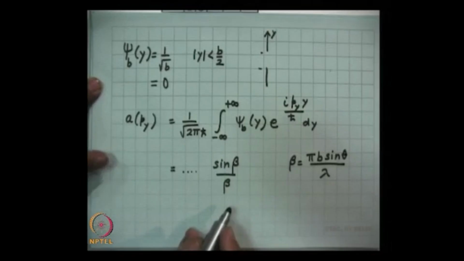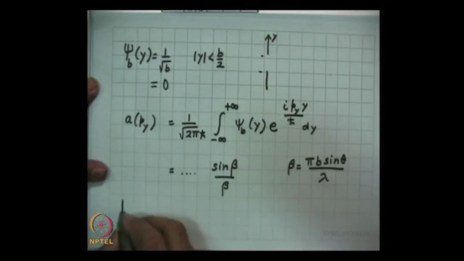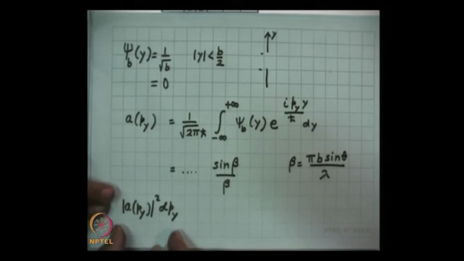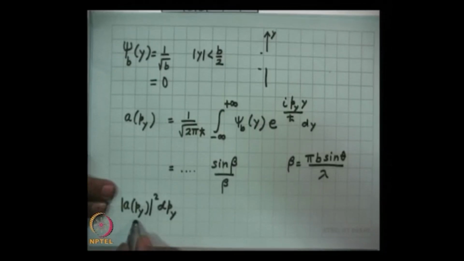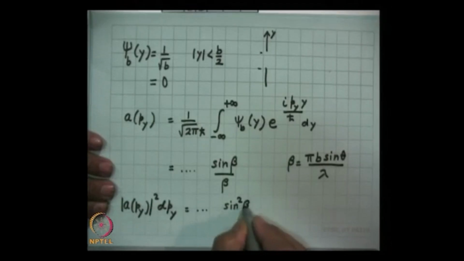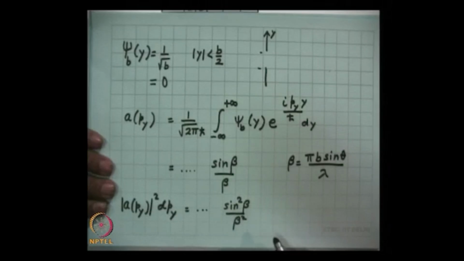And so, mod A of p y squared d p y is the probability for the electron or the proton to have the y component of the momentum between p y and p y plus d p y. That would be proportional to sin squared beta by beta squared, and this, as we all know, is the single slit diffraction pattern.